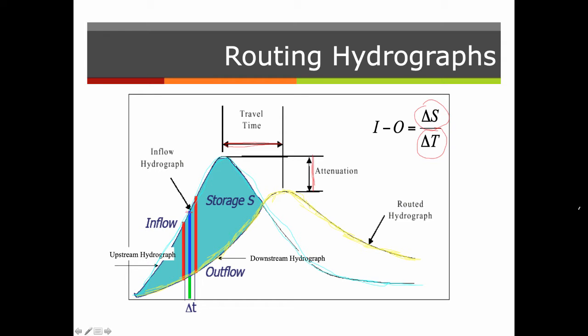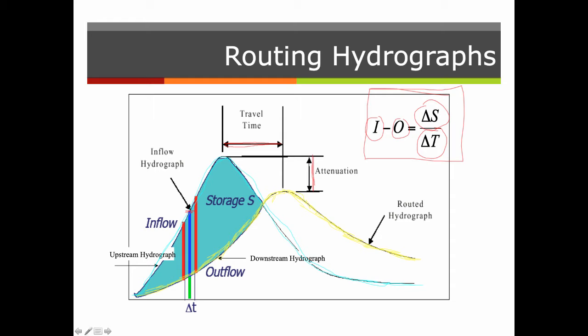The inflow rate is the height of the green bar plus the blue bar. So that's inflow. And the outflow rate is the height of the green bar. So if you recall this equation from earlier in the course, that's our hydrologic mass balance equation. And all the terms are defined in this graphic.